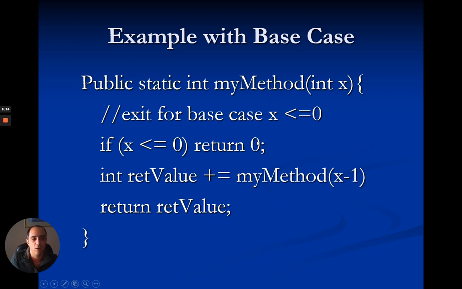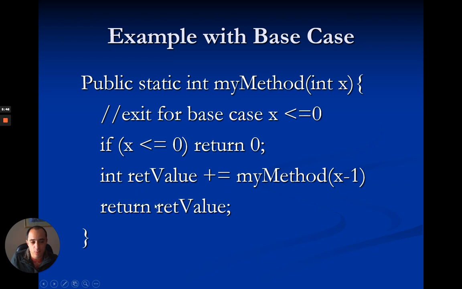Then it's going to go back and call the method at 0. When it gets to 0, it has reached its base case, and it is actually going to return the value of 0 back to the method that calls it. So in other words, this is going to return a 0, which is going to be added to the return value. Okay, that makes it 0.